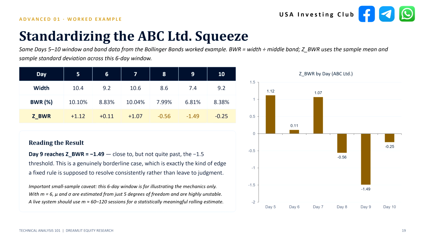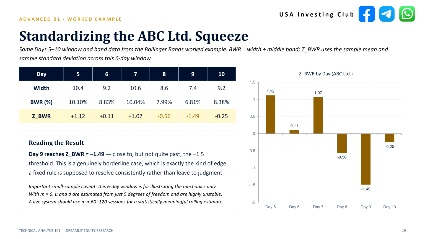Let's standardize the same squeeze from ABC Limited that we used in Part 1 Strategy Spotlight, using the same day 5 through 10 window and band data. Bandwidth runs 10.4, 9.2, 10.6, 8.6, 7.4, 9.2 across those 6 days.